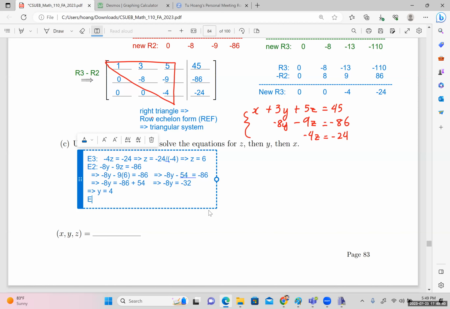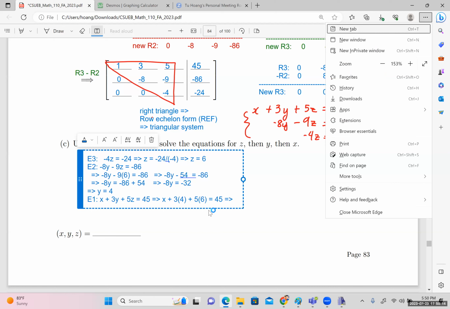Okay, let's come to equation number 1. We have x plus 3y plus 5z equal to 45. So we substitute x plus 3 times y, which is 4, plus 5 times z, which is 6, equal to 45.